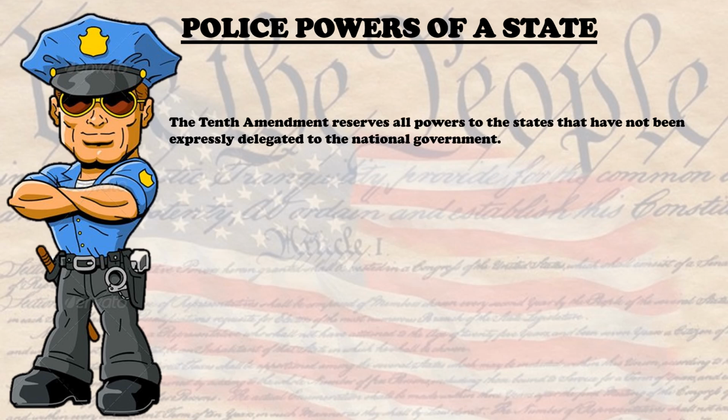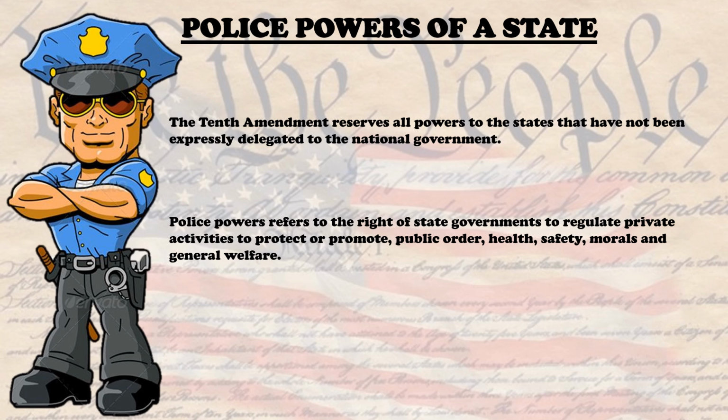Now, the 10th Amendment to the Constitution reserves all powers to the states that have not been expressly delegated to the national government. Police power refers to the right of state governments to regulate private activities to protect or promote public order, health, safety, morals, and general welfare.